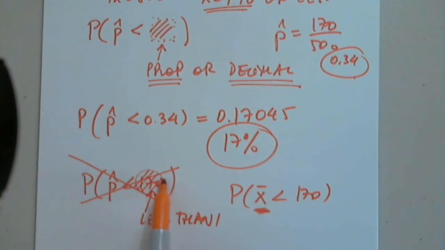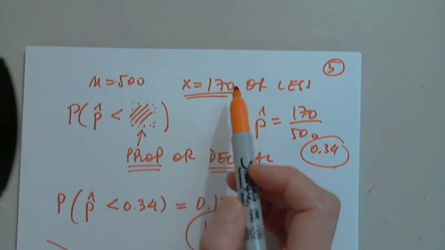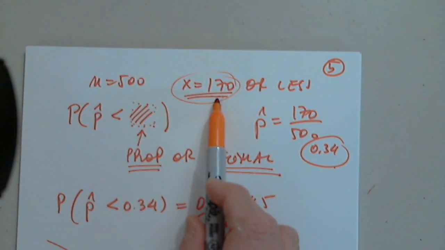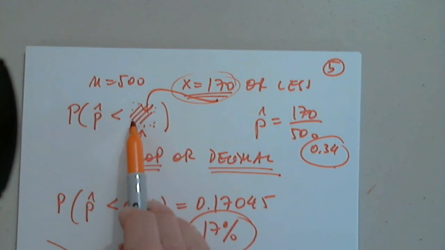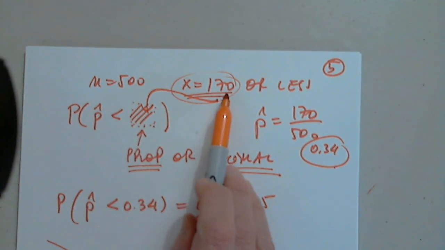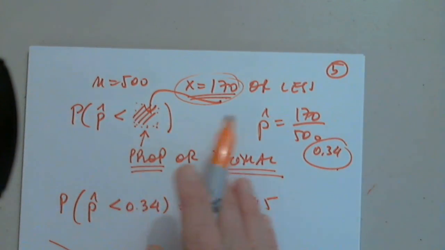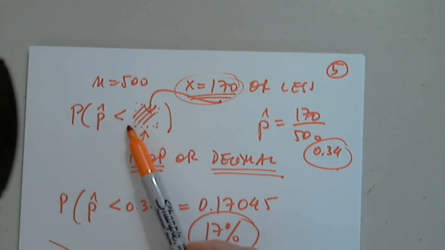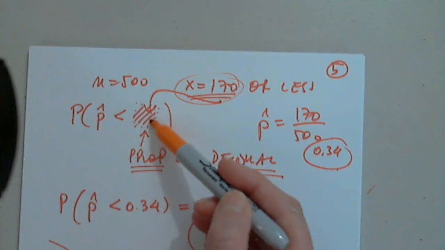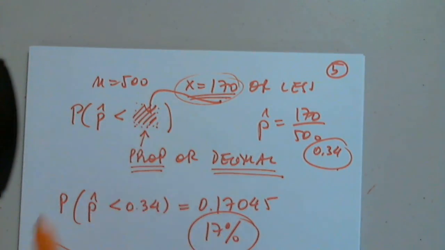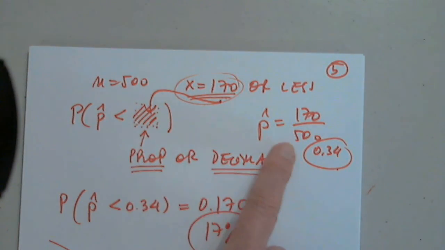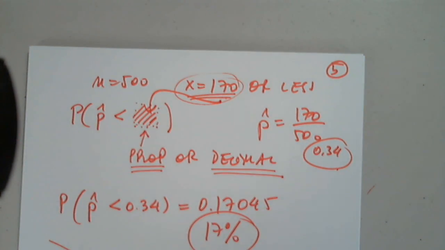So you have to calculate the proportion. But they intentionally gave us this to trick us and put 170 in here. But that's not possible. P hat will always be less than 170. That's no question, right? So we do not want to put a number in here. We need to calculate. How do I calculate this number? X over n. Great question.